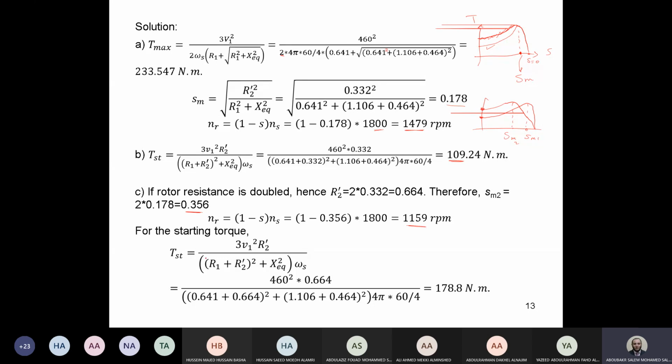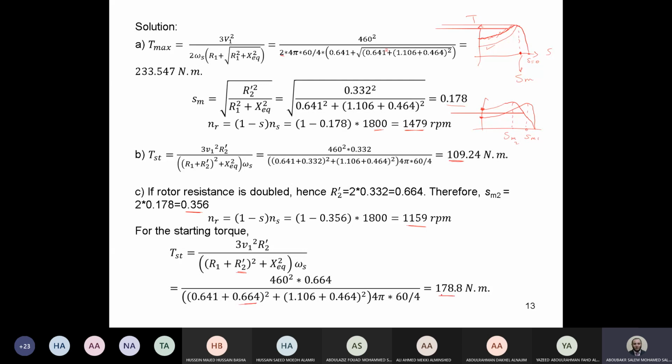So for the starting torque, substituting in the same equation at S equal 1, torque starting equals 3 V phase square over R2 prime over R1 plus R2 prime square plus X equivalent square, multiplied by omega S. Substitute here again with the new value of R2 prime, and so we get the second value of torque starting.